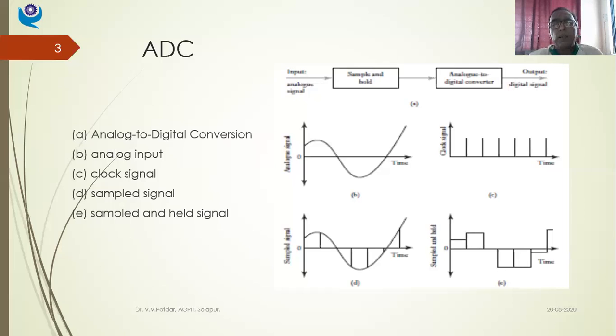Now this analog signal, which is a sinusoidal signal, is to be converted into a digital signal form. Now what the concept says, the ADC converter receives this analog signal.